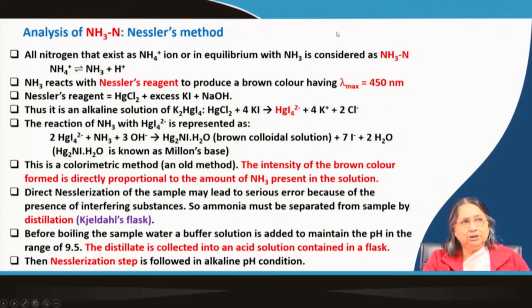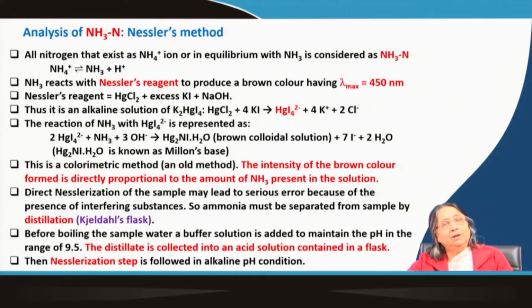Then you take the sample solution, add the same volume of Nessler's reagent, and you can match with all the solutions, which is colorimetric, or otherwise you can make a calibration graph using the spectrophotometer with the standard solutions.